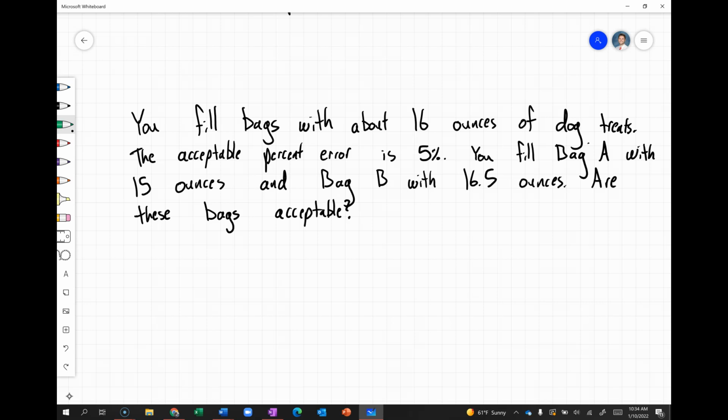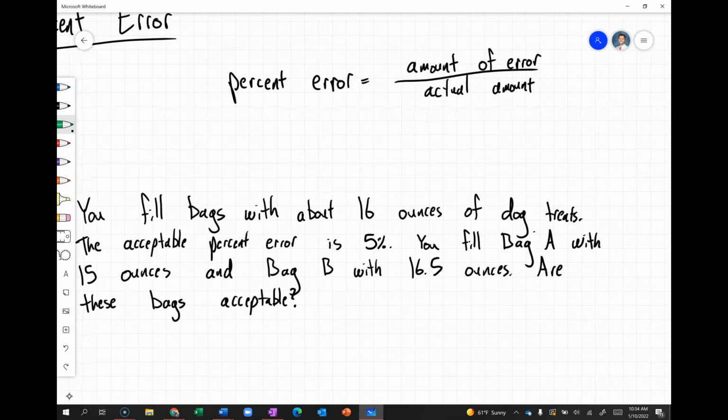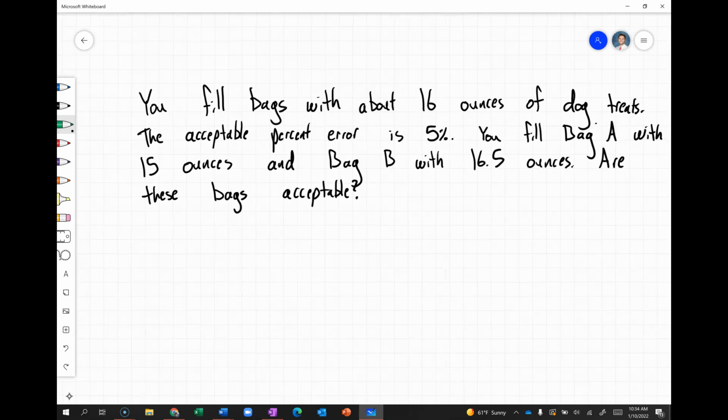So we want to start with, right, we want to see the amount of error over the actual amount. So our amount of error would be the difference between our target amount and the actual amount. So if our goal was 16 ounces and we actually got 15 ounces, right, 16 minus 15 is 1. So the amount of error, we're 1 ounce off of our target, and we want that over the actual desired amount.